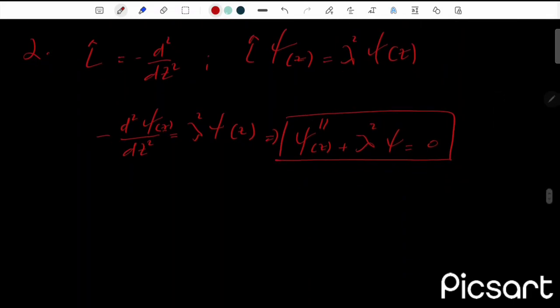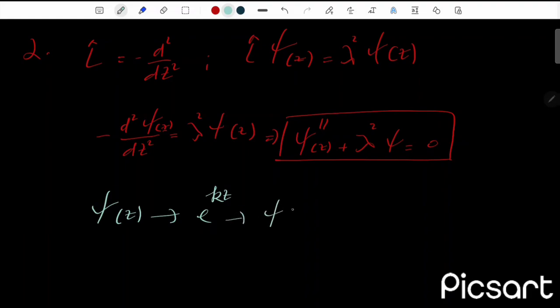Here we can solve this exercise using two ways. This is a second order differential equation with constant coefficients, so we can take as our solution e to the power k times z.